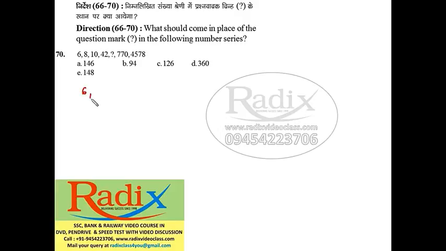Okay, next question. We have 6, 8, 10, 42, then an unknown value, then 770 and then 4,5,7,8. Now you can very clearly observe that it is slightly more, then the difference is 4, then the difference is very large, and then here it is very large. So it means it is a multiplication with some addition or subtraction.